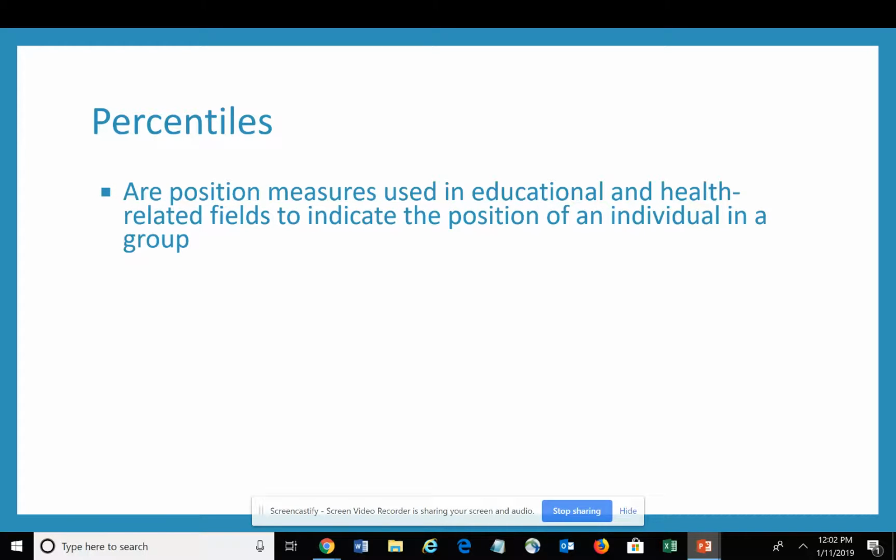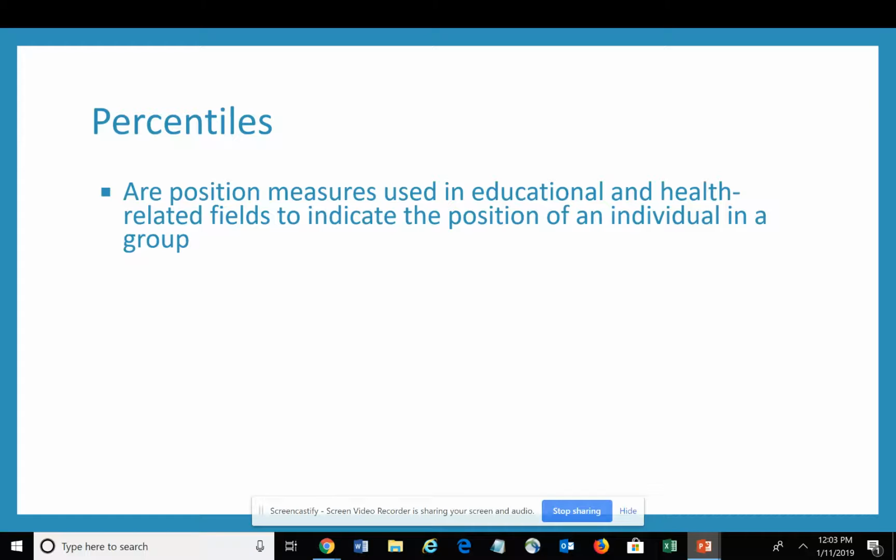You can see it used a lot, especially in education. We talk about whether a student's test scores are within the 75th percentile or the 80th percentile. We also see that in health-related fields, especially as it relates to children. They look at whether they're in the 80th percentile for their growth and things like that.